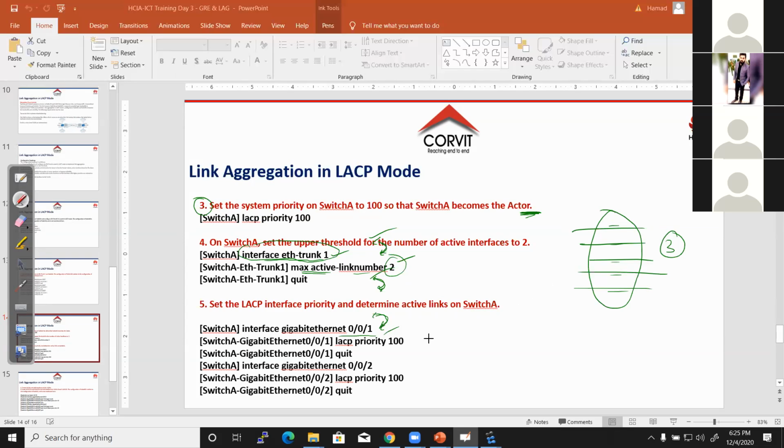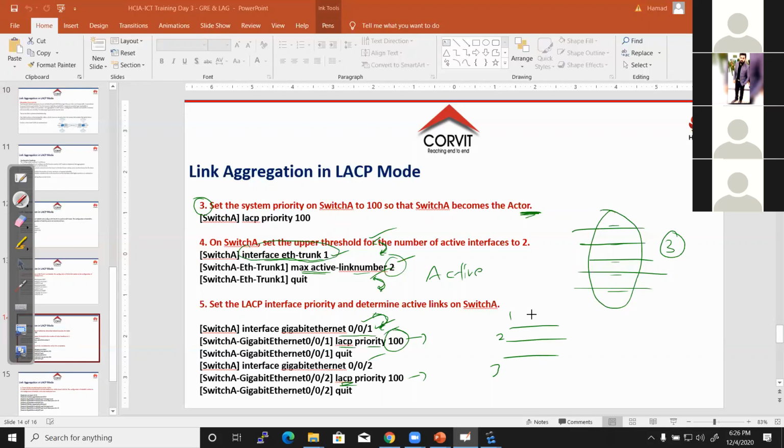Then you will go to every interface and set LACP priority 100 just for the 2 interfaces which you want as active. You need to increase the priority of those interfaces for LACP. Right now we have 3 interfaces, 1, 2, and 3.